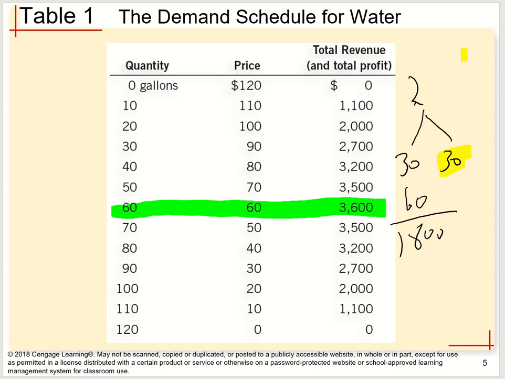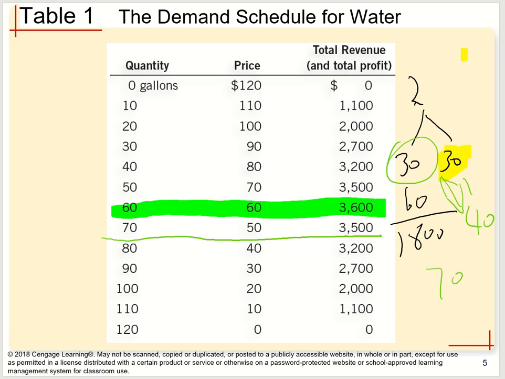So let's suppose this company decides not to produce 30. Instead, it decides to produce 40 units, and the other company still produces 30. So 30 plus 40, we have a total quantity of 70 units of water. At 70, the price becomes $50, and the total profit is $3,500.